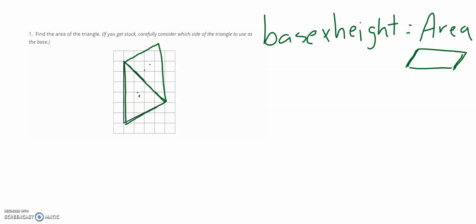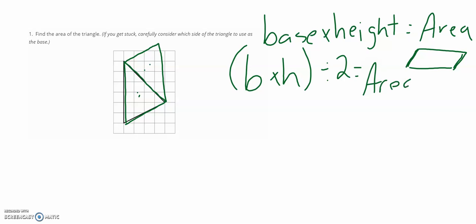So that means if we take the base and we multiply it by the height, we get the area of the parallelogram. And then if we divide it by 2, we get the area of a triangle.